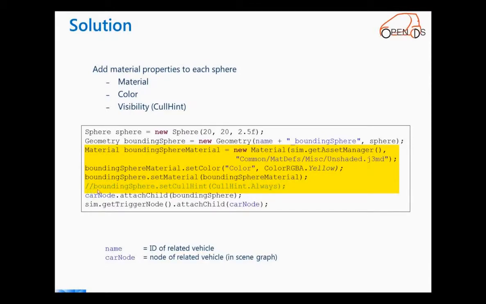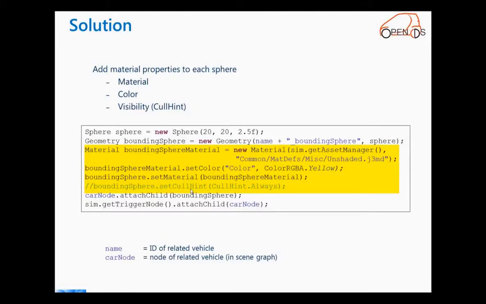The line you could see here, which is commented out, will make the sphere invisible. But for debugging purposes and for the visualization during this webinar, we will keep it that way so that you can see later on the bounding boxes moving amongst the cars.